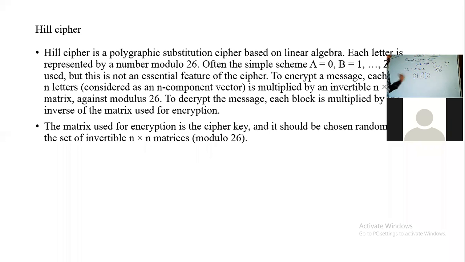And how will we know whether to take it in pairs of two? It depends upon the key. If n is equal to 3, this means we have a 3 by 3 key matrix, and the vector is also 3 into 1.